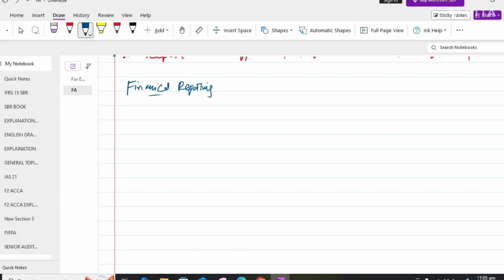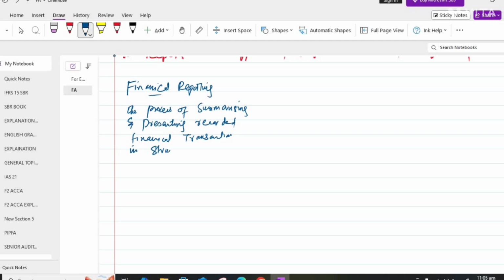Okay, so financial reporting, we have discussed that this is actually the process of summarizing and presenting recorded financial transactions, and that should be in structured reports.